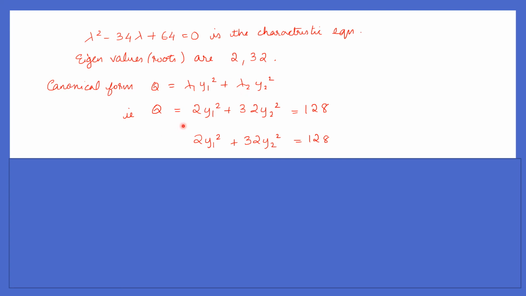So Q can be written as 2 y1 square plus 32 y2 square, and this will be equal to 128. 128 is a constant term which will be given on the right hand side of our given quadratic form. So we can write it as 2y1 square plus 32y2 square is equal to 128.